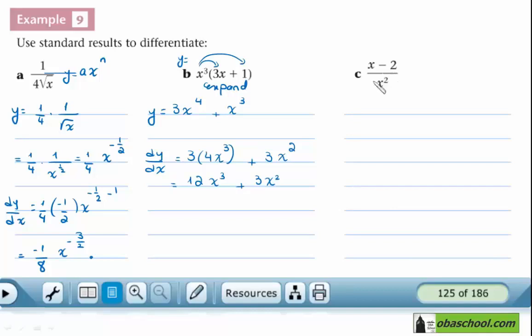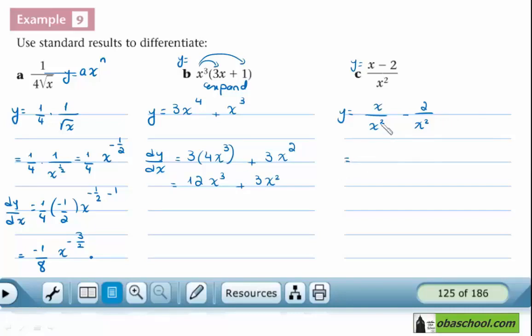In part C we have x minus 2 divided by x squared. This is division and we have no rule to use now to differentiate. So let's rearrange or modify this expression. We can say x over x squared minus 2 over x squared, the same denominator distributed over the numerators.